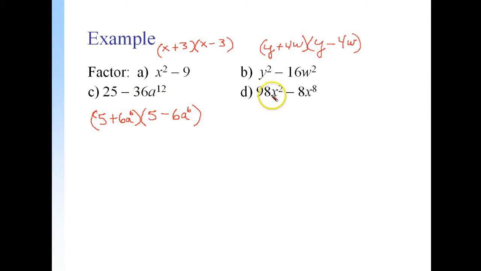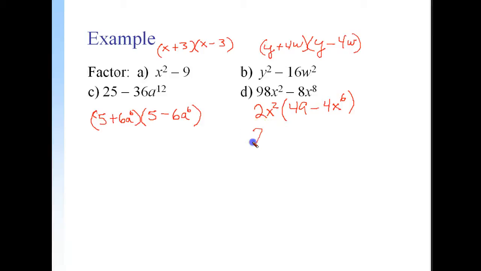Now here we're going to factor out a 2x squared. This gives me then a 49 here, which is a perfect square. And this gives me 4x to the 6th, which is also a perfect square.